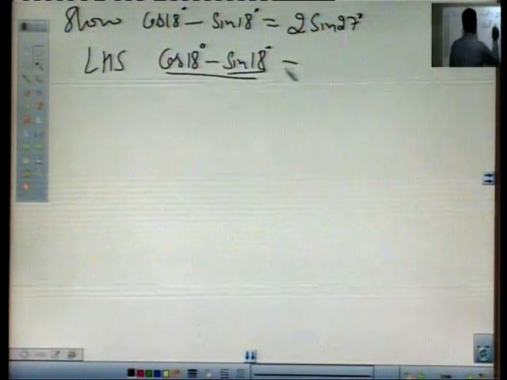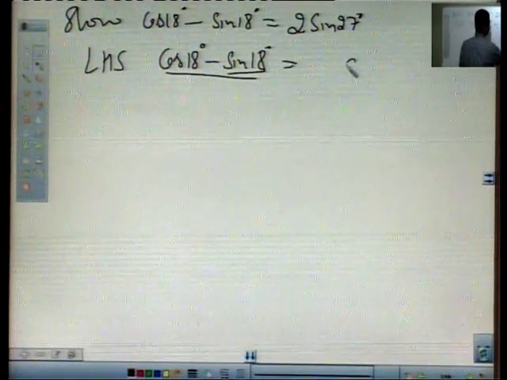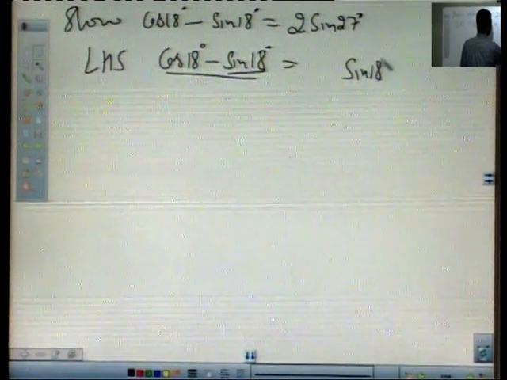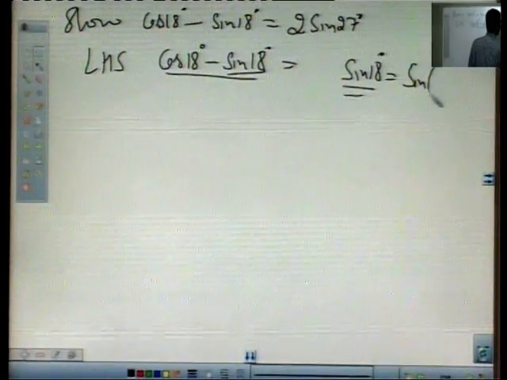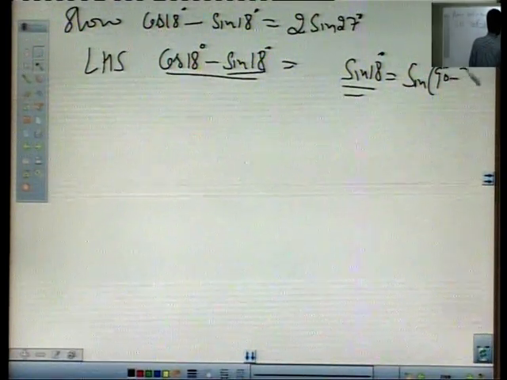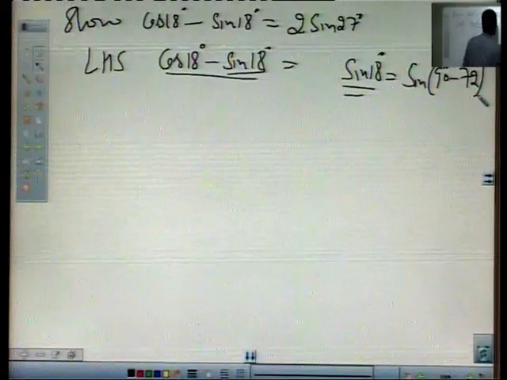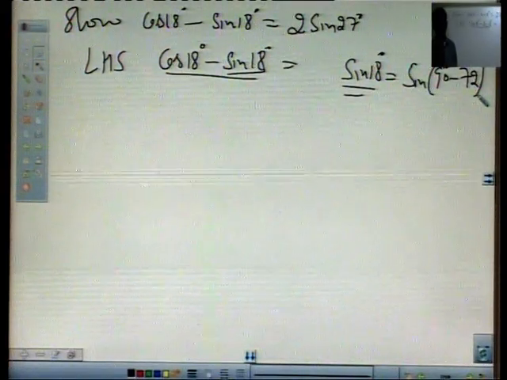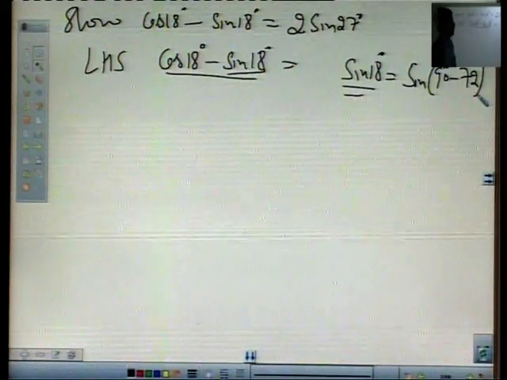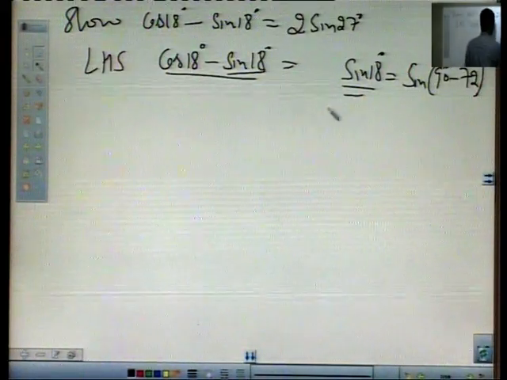Let's try. We know that sine of 18 degree can be written as sine of 90 degree minus 72 degree.